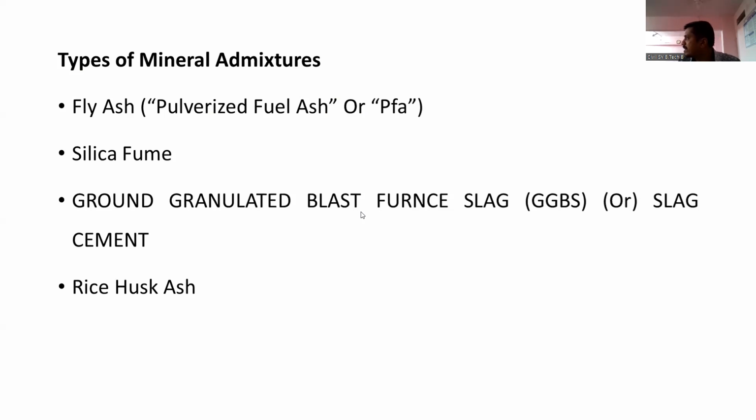Explain करू शकता, what is fly ash? Fly ash is one type of mineral admixture, but it's a byproduct.